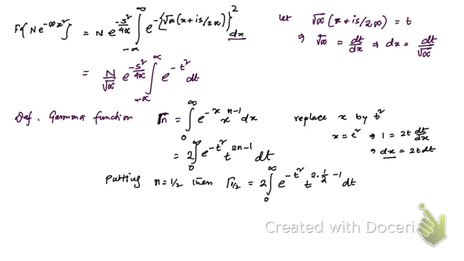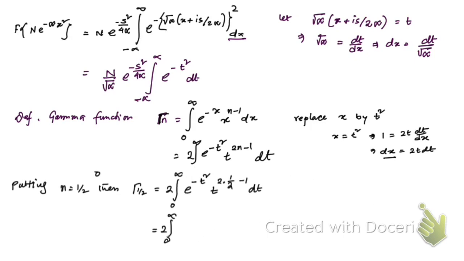That's going to be equal to 2 times the integration from 0 to infinity of e to the power minus t square, and here 1 minus 1 is 0, so we have t to the power 0, which is nothing but 1, dt.